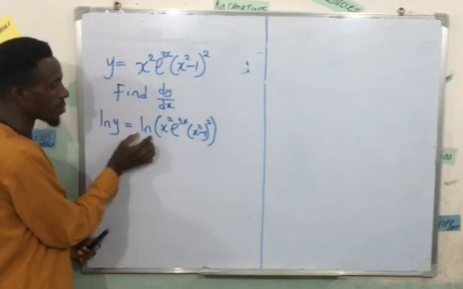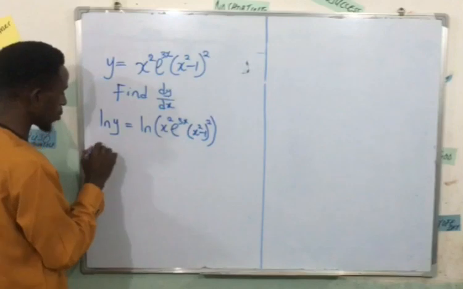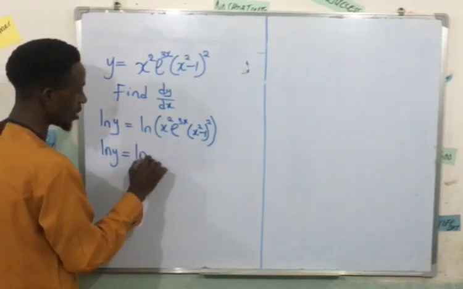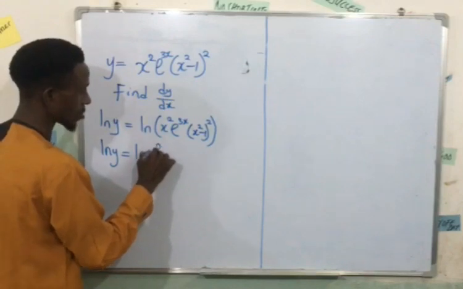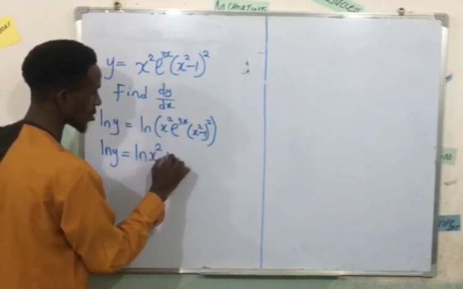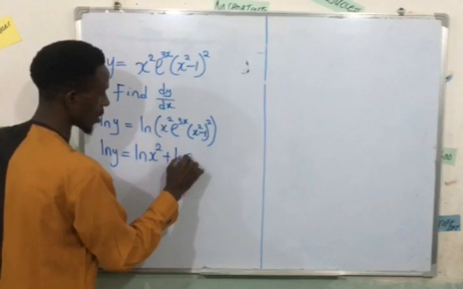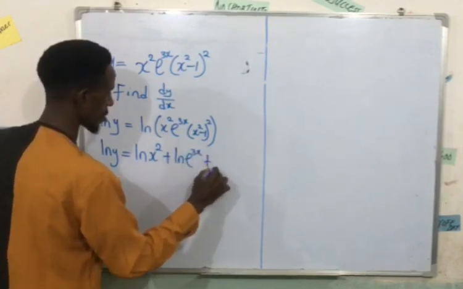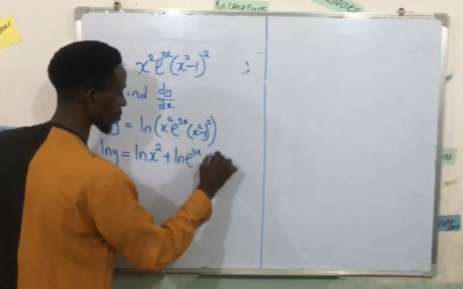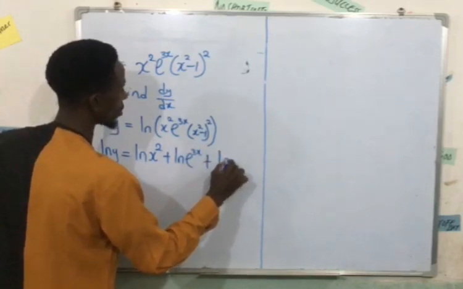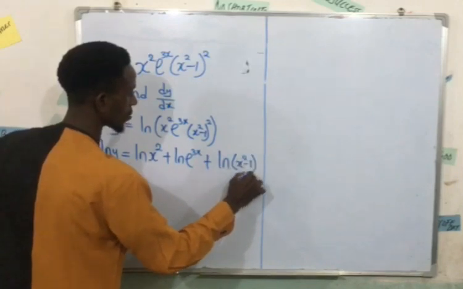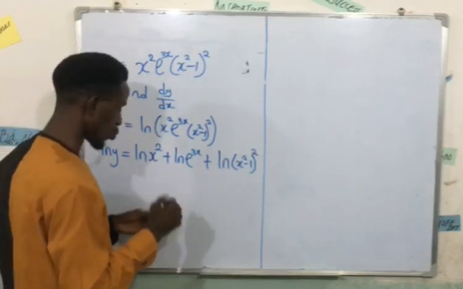So remember, if I'm taking the ln of all this, I'm going to have something like this: ln y is equal to ln x squared plus ln e to the power 3x plus ln of (x squared minus 1) to the power 2.